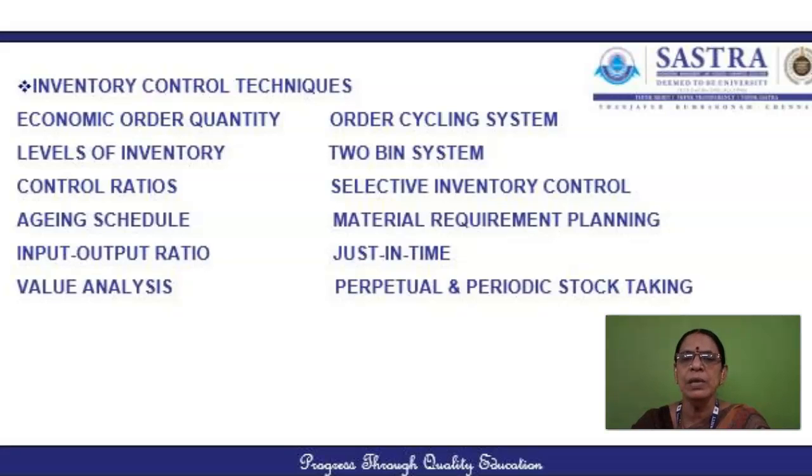Reorder level will be a level below this average level. So the difference between minimum and maximum level will be the reordering quantity. The minimum level is said to be the level which has to be sufficient enough to carry on the production till the fresh supply is received.